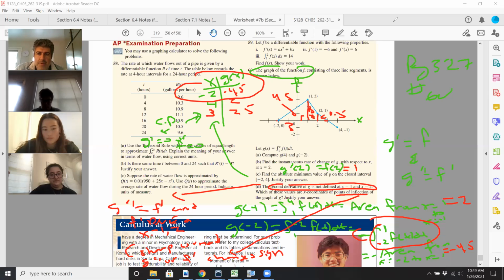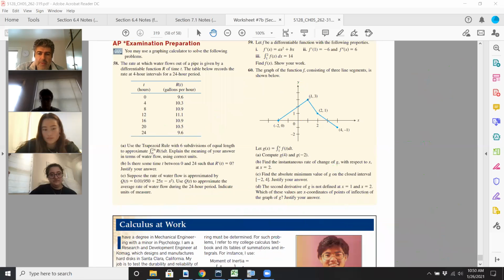And then the last part, there's a point of inflection at x equals 1, yes. You have a point of inflection at x equals 1 because, I'll probably put some test review materials like these solutions here. At x equals 1, f prime is positive here, f prime is negative here.